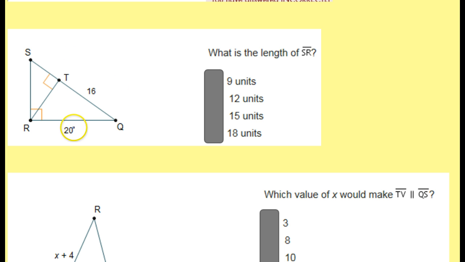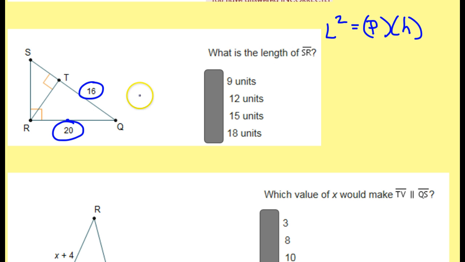What we do have is the leg and this part. That reminds me of the formula that says the leg squared is equal to part times hypotenuse. It's the leg and the part that's nearby.